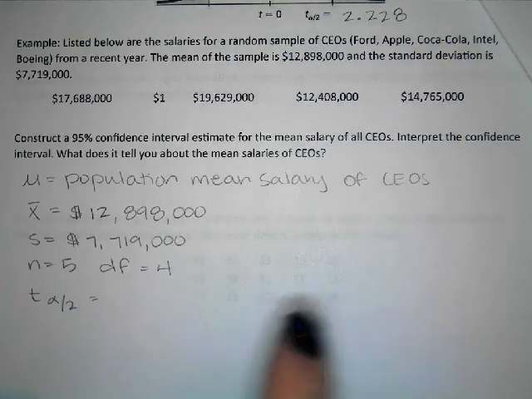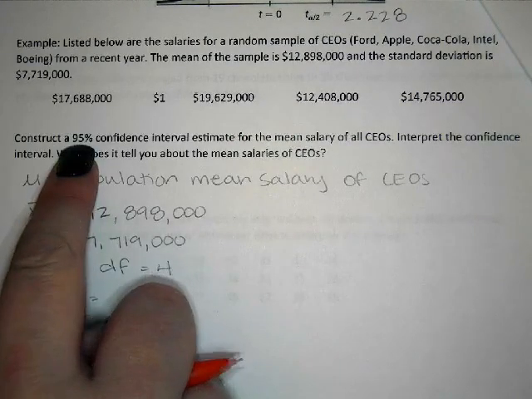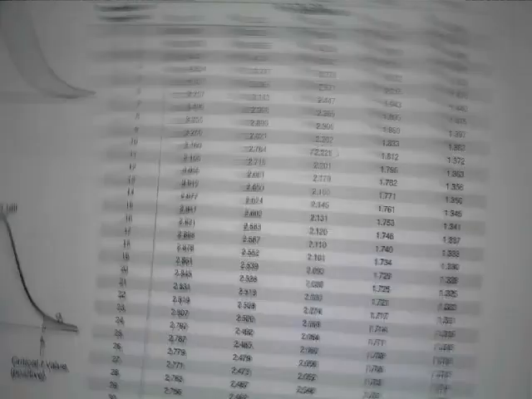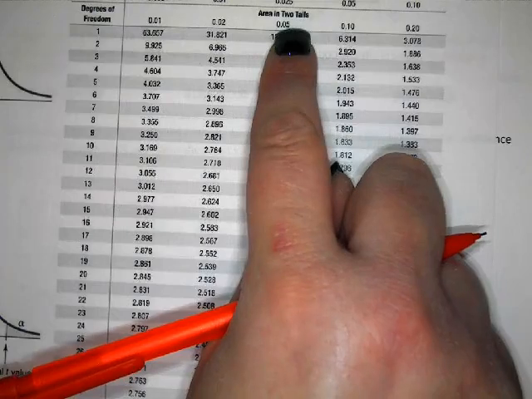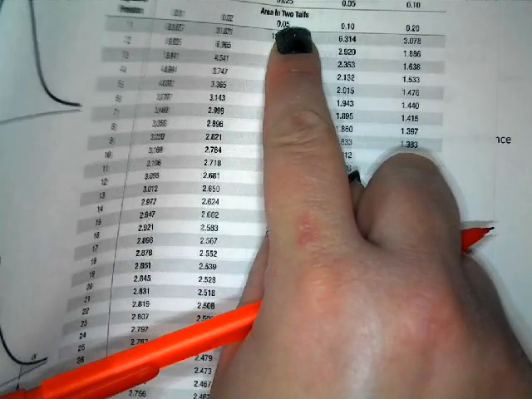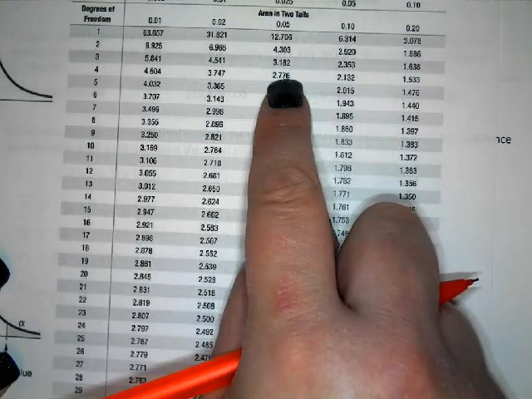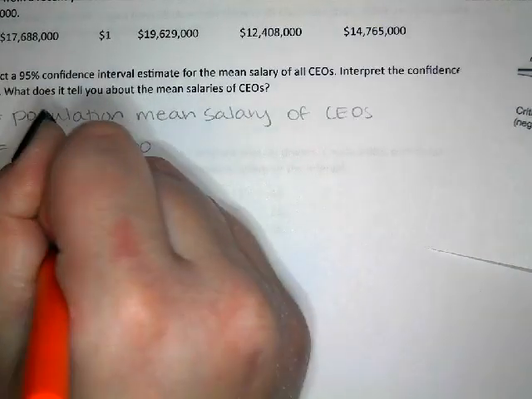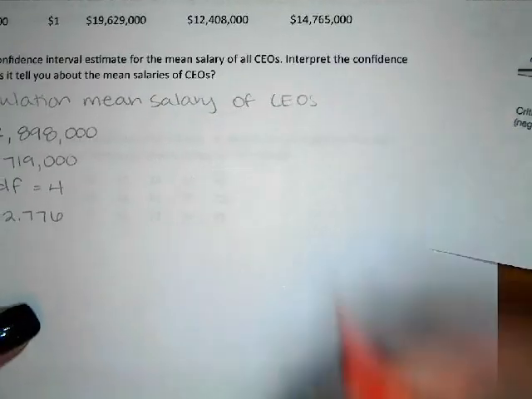They said 95% confidence interval. So we're going to look at area in two tails is 0.05 again, so 5%, 0.05. And the degrees of freedom was 4. So 2.776 is my critical number.